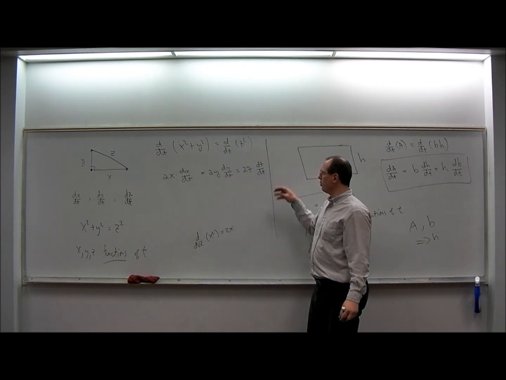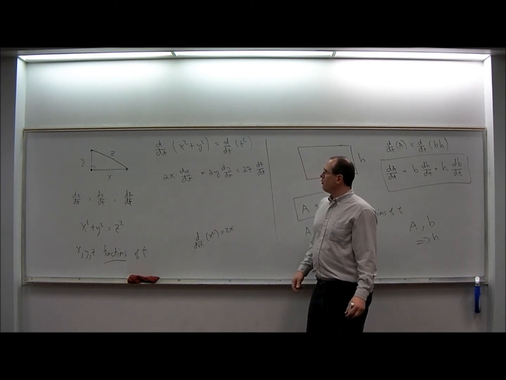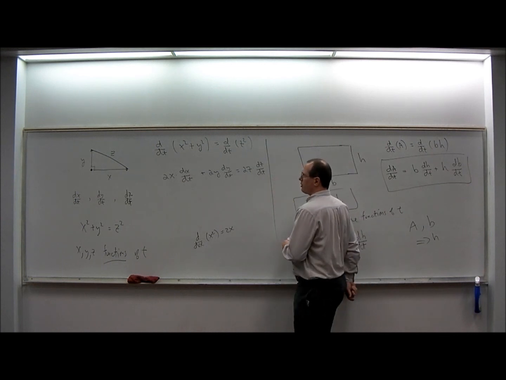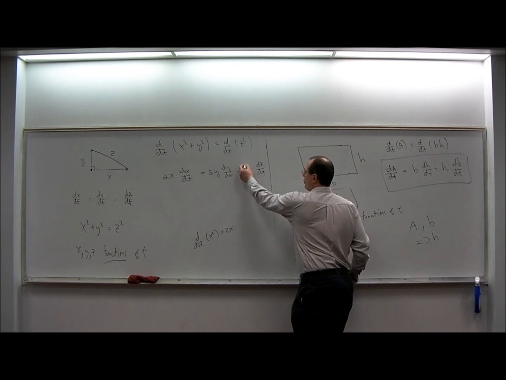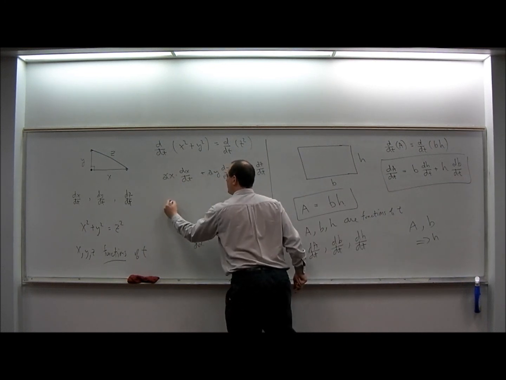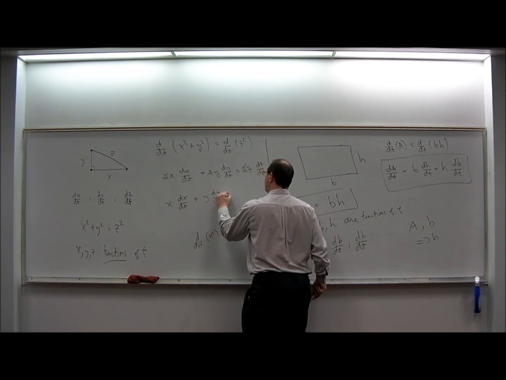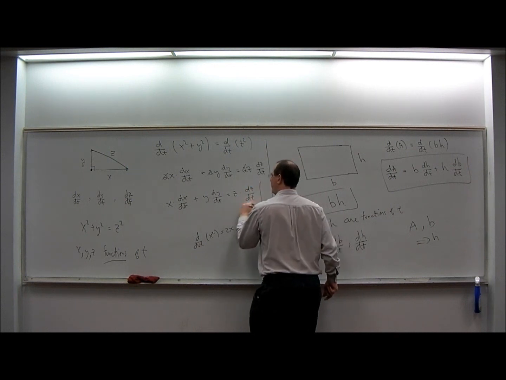It's the same chain rule applied three times, once each for the letters x, y, and z. So there's your relationship between the rates. And one nice simplification, you could divide through by the 2. So you get x times dx/dt plus y times dy/dt is equal to z times dz/dt.